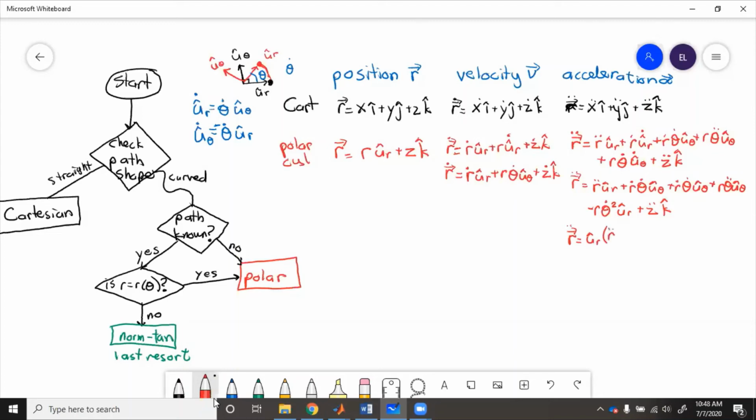We'll have r double dot from this one plus or minus r theta dot squared, and then plus u theta times r theta double dot plus, there's two r dot theta dots, so we'll have two r dot theta dot, and then plus z double dot k hat.